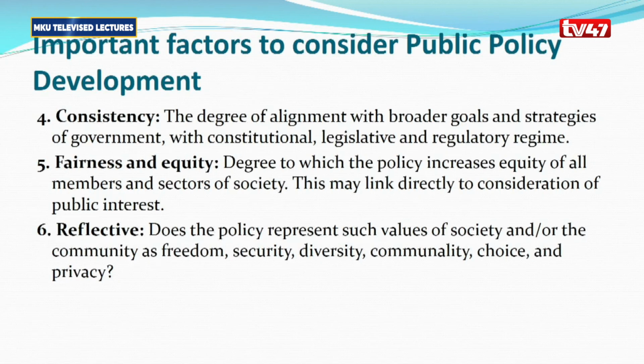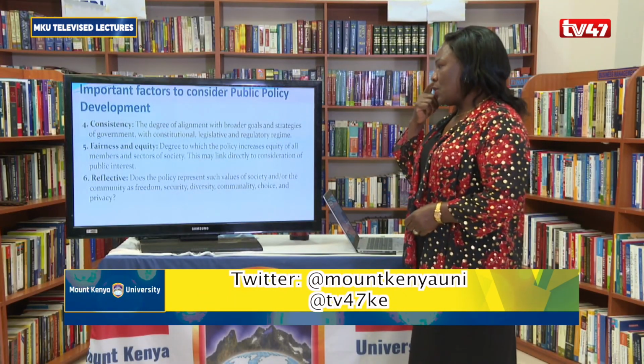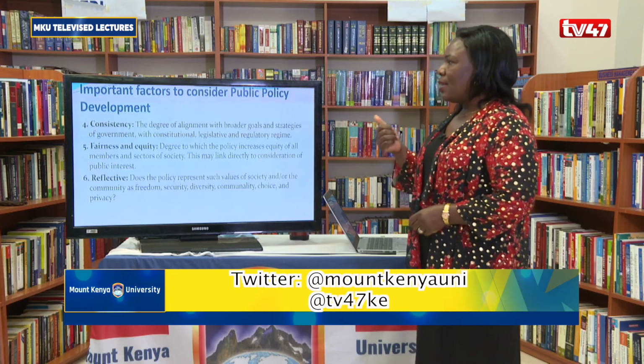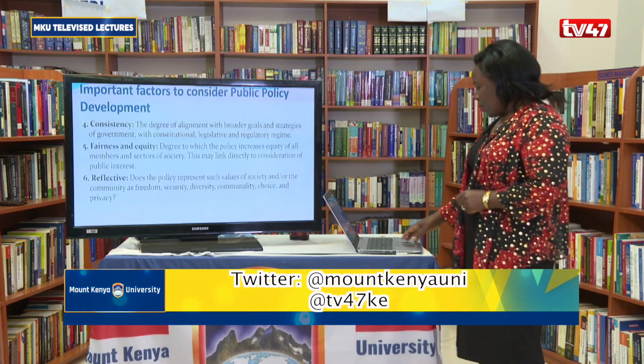This may link directly to considerations of public interest. Number 6, reflective. Does the policy reflect such values of the society and or the community as freedom, security, diversity, communality, choice, and privacy? If the answer to this question is yes, then that is a very good policy that we are going to have, because nobody will shoot it down.